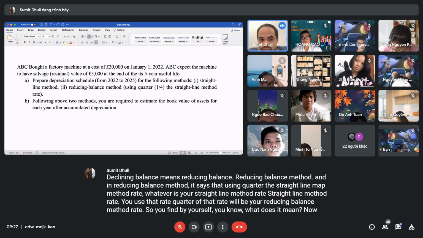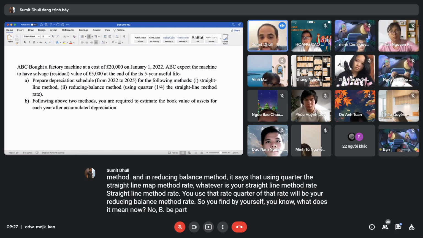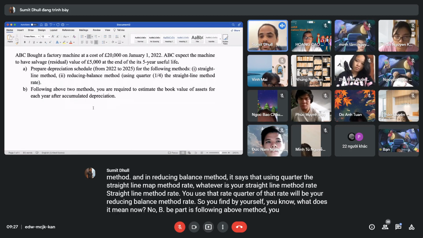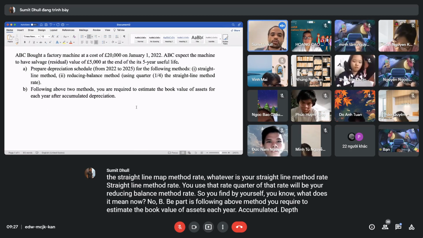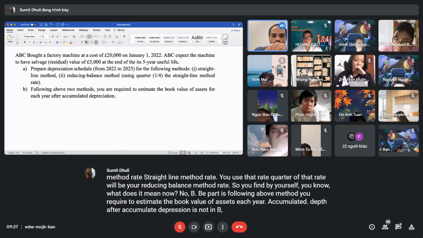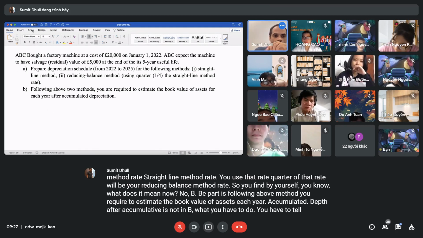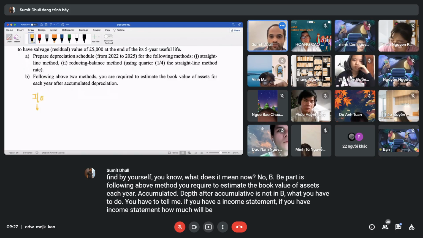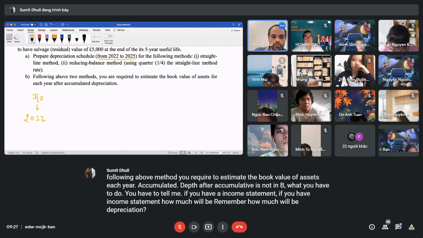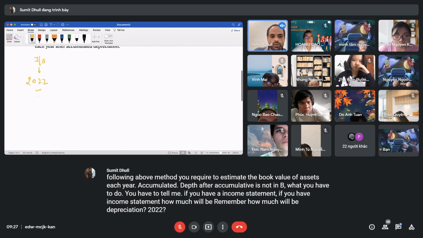Now part B is following the above method, you are required to estimate the book value of assets each year after accumulated depreciation. Now in B, what you have to do, you have to tell me, if you have an income statement, how much will be the depreciation for 2022, 2023, 24, 25.